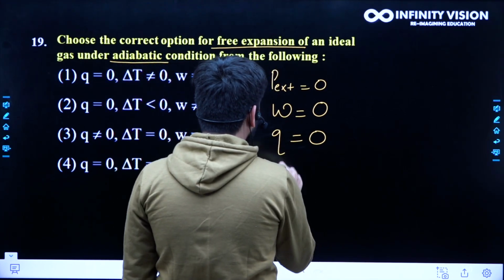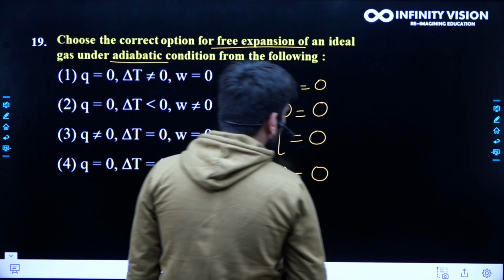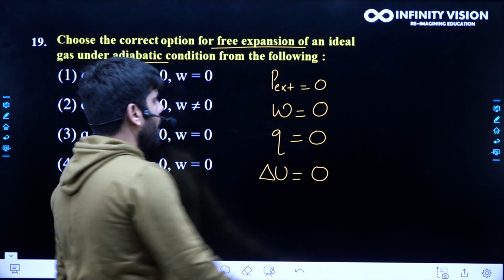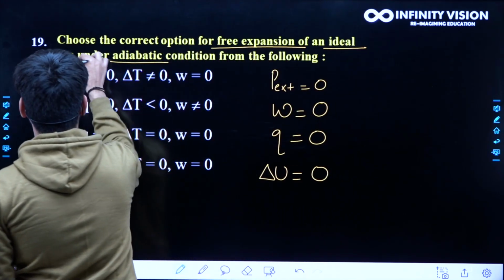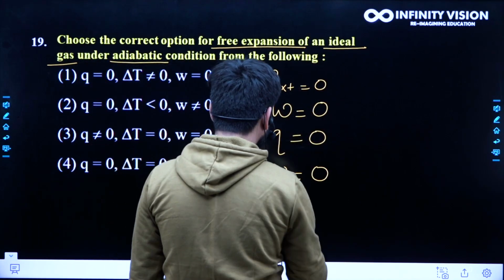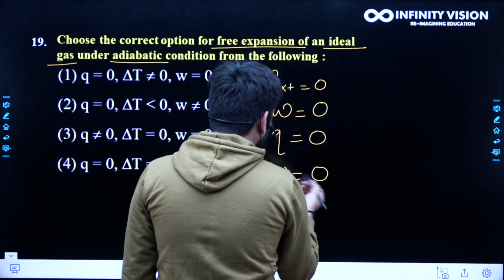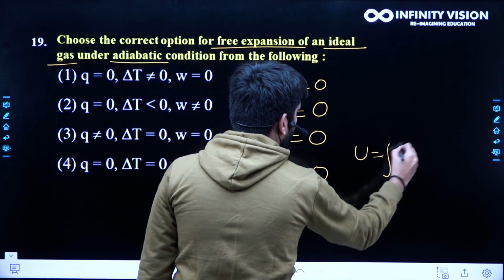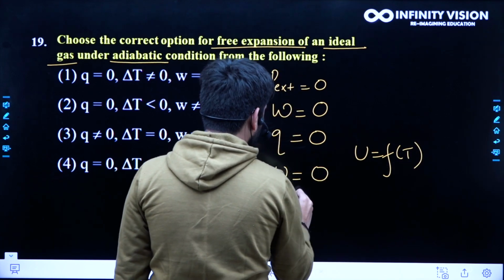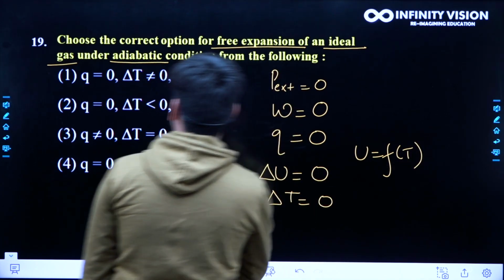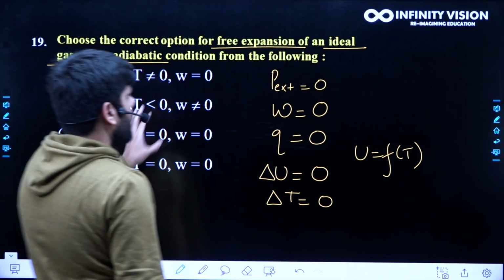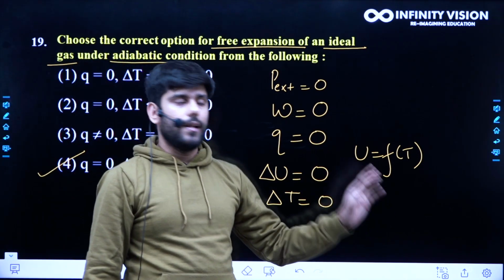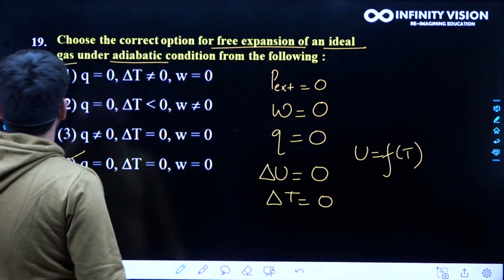According to the first law of thermodynamics, delta U will be 0, because it is Q plus W. And since we are taking into consideration an ideal gas, we know that U is a function of temperature. So if delta U is 0, delta T is also 0. So going by that, fourth is the right answer. I hope the question is clear to you. Let us move to the next question.